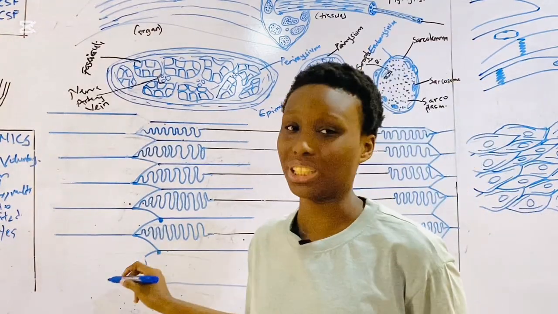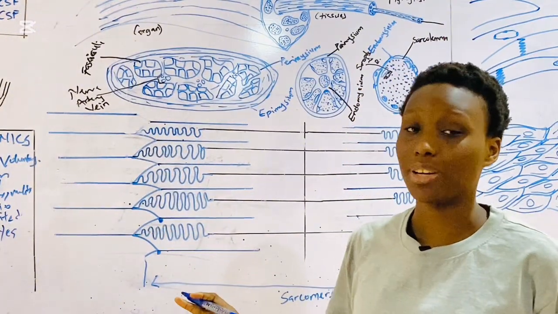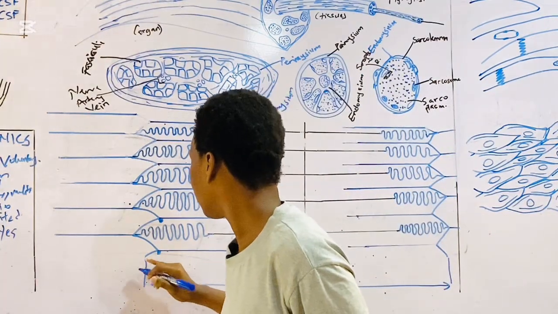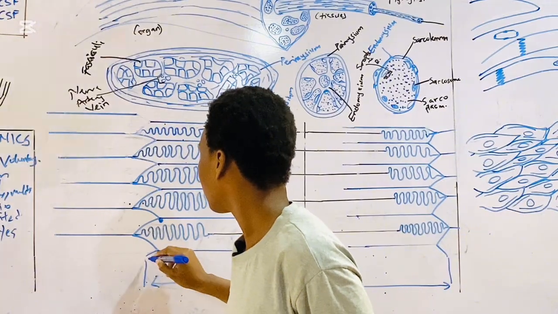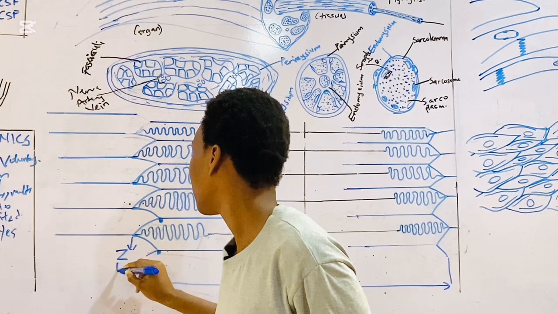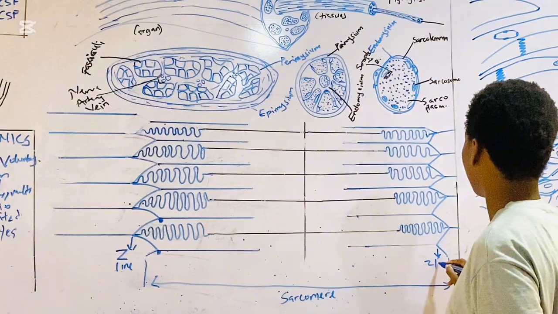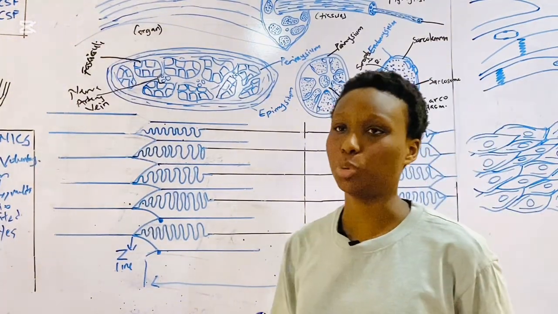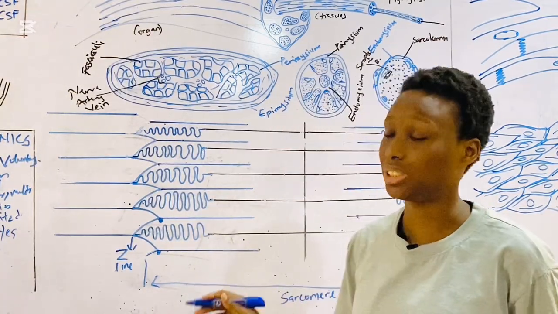That point is called the Z line, or Z band. I know it doesn't look like a straight line, but there are different types of lines. This is the zigzag line, so we're going to call it the Z line. This line, the Z line, and this line too, the Z line. So what does that tell us? That tells us that the sarcomere is the distance between two Z lines.